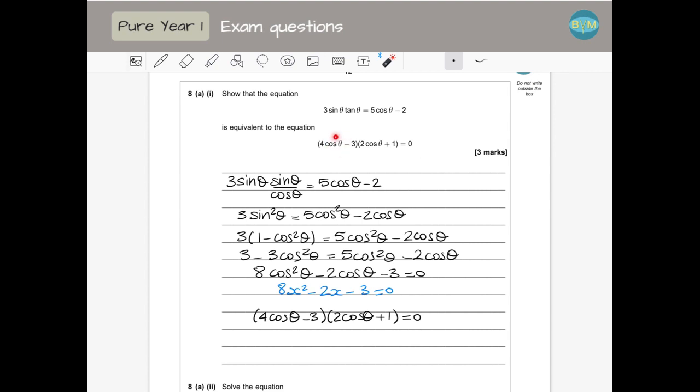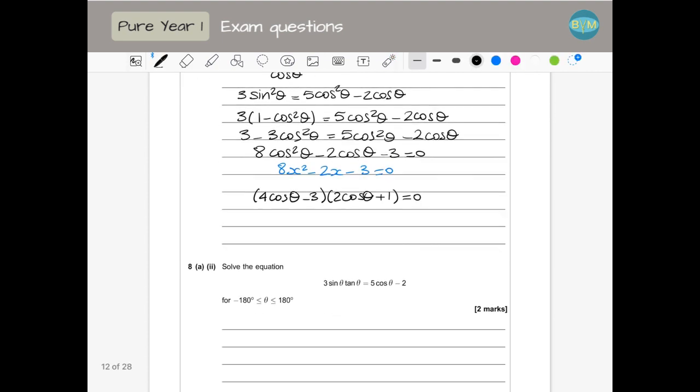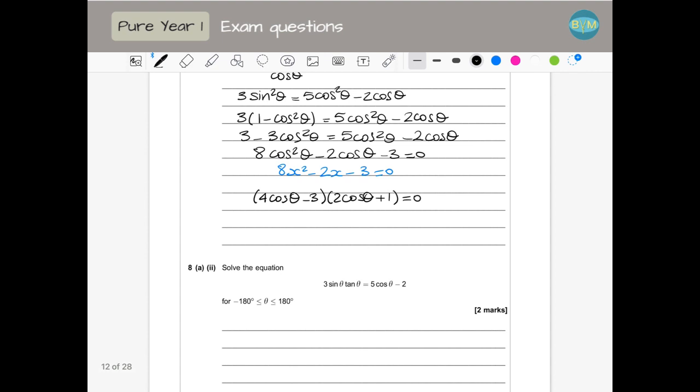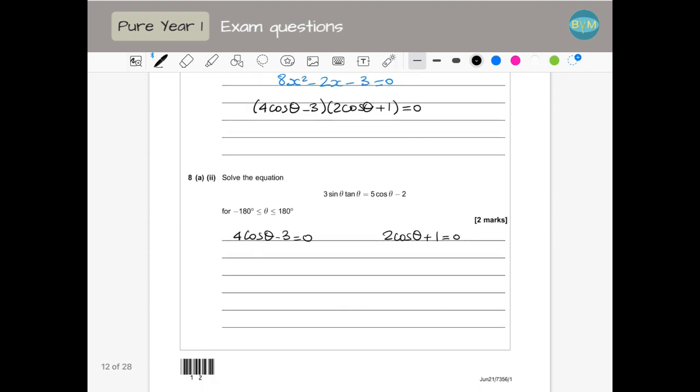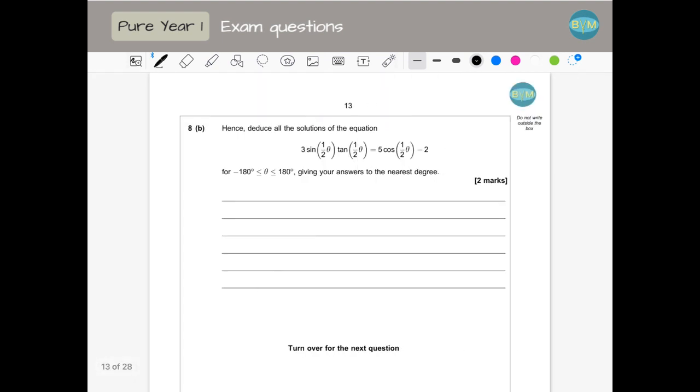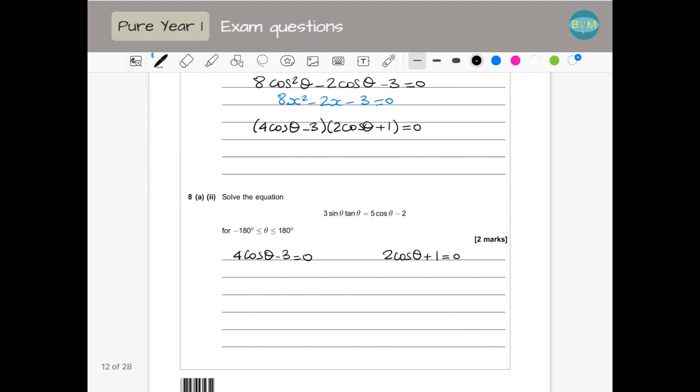So solving this equation is the same as solving these two equations. The first factor is 4 cos theta minus 3 equals 0, and the second factor is 2 cos theta plus 1 equals 0. I'm going to solve both of them, and they are going to give me different solutions.